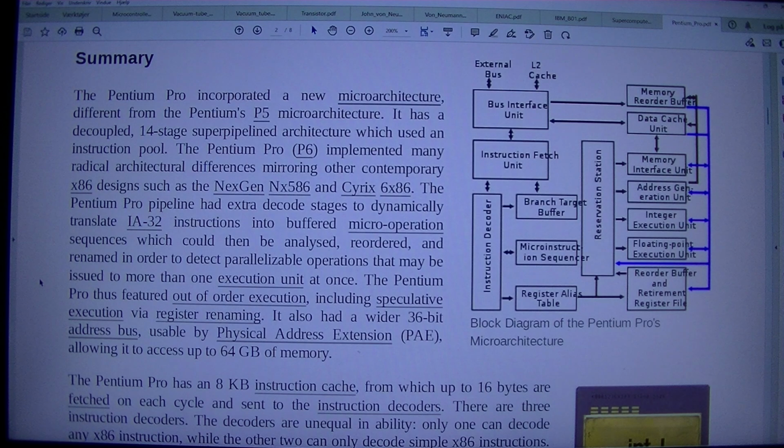The Pentium Pro thus featured out-of-order execution, including speculative execution via register renaming. It also had a wider 36-bit address bus, usable by physical address extension, PAE, allowing it to access up to 64 GB of memory.